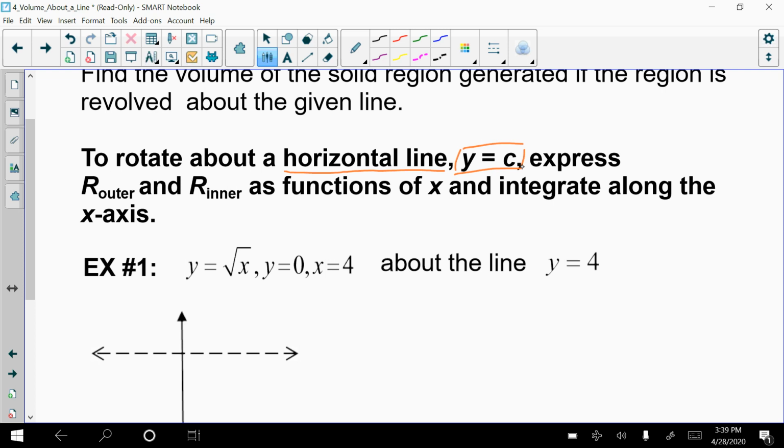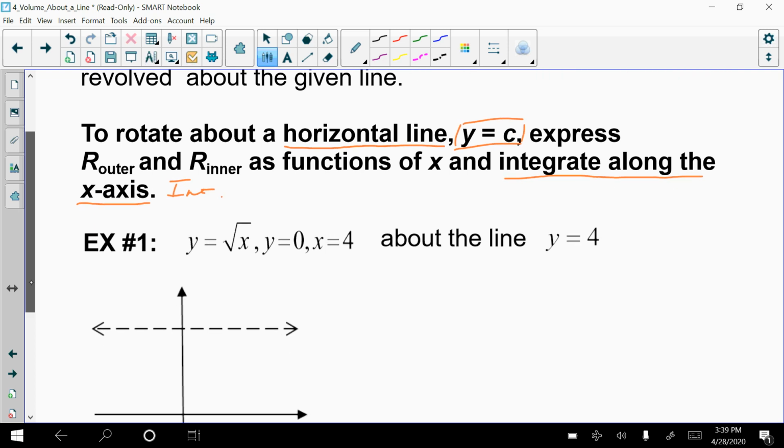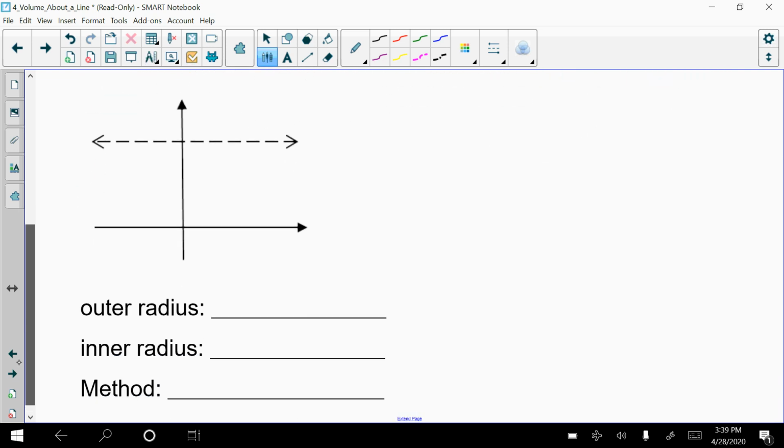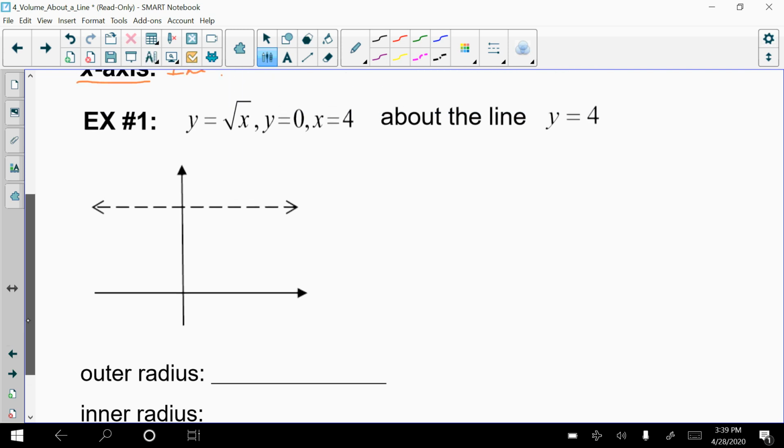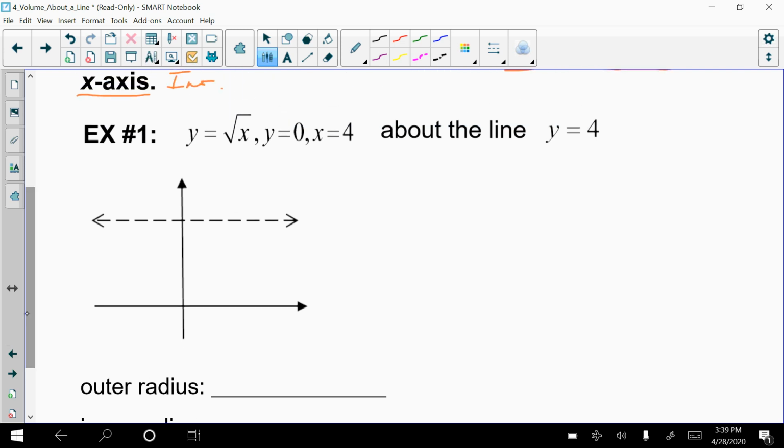Because we're revolving around a horizontal line, we're going to integrate along the x-axis, meaning this is where our interval will come from. Because this is very similar to the washer method, we'll review that in just a second. But let's take a look at the functions we have.